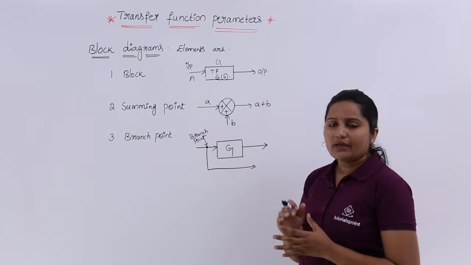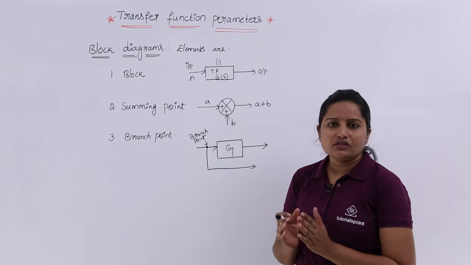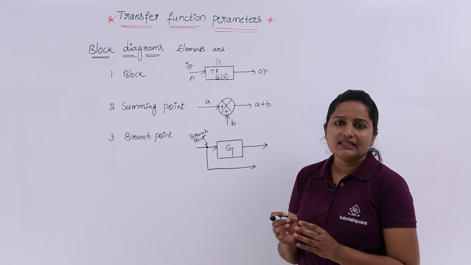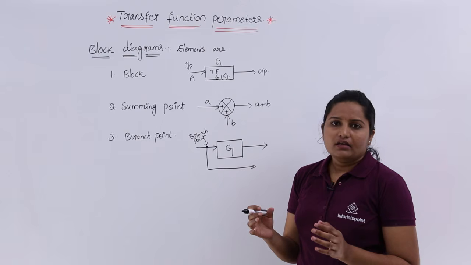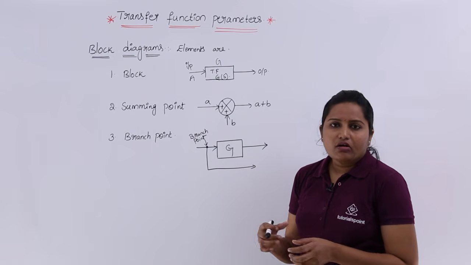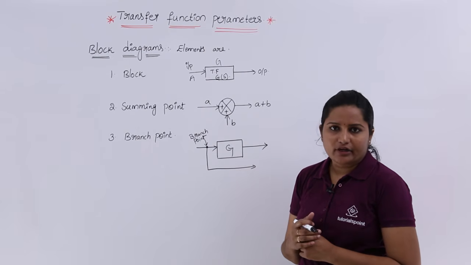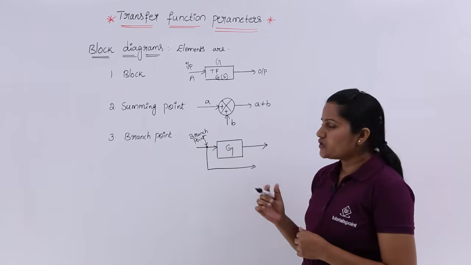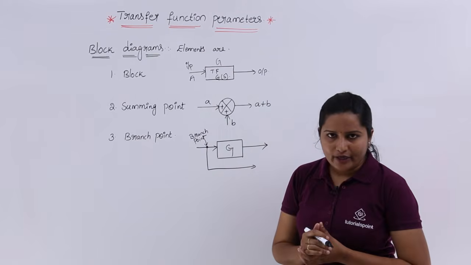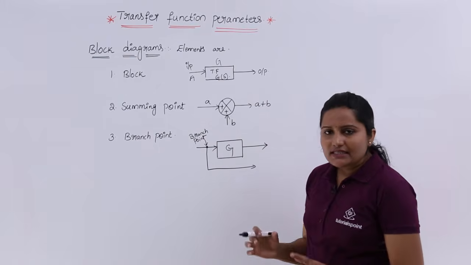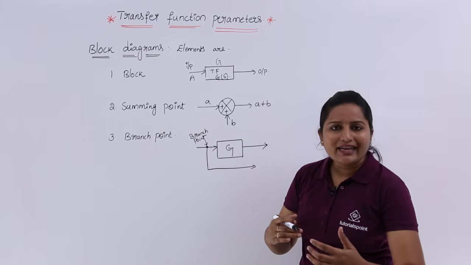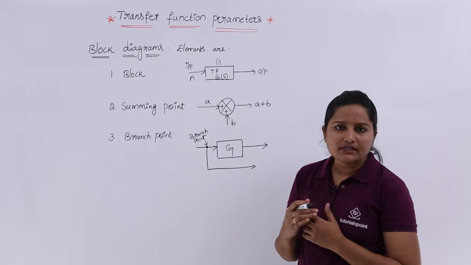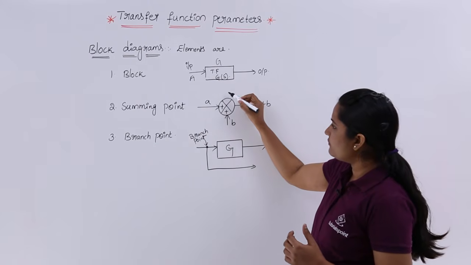So, coming to the summing point. This we can call a combining point, adding point or subtracting point. This summing point is to add signals. By this summing point, we can add two or more signals, a maximum of 3 signals.